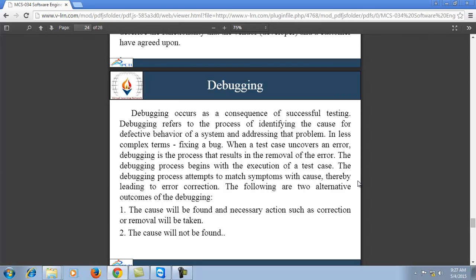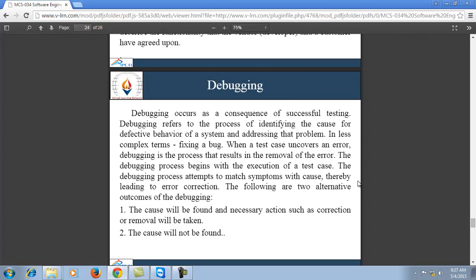Right? So when a test case uncovers an error, debugging is the process that results in the removal of the error. The debugging process begins with the execution of a test case. The debugging process attempts to match symptoms with cause, thereby leading to the error correction.